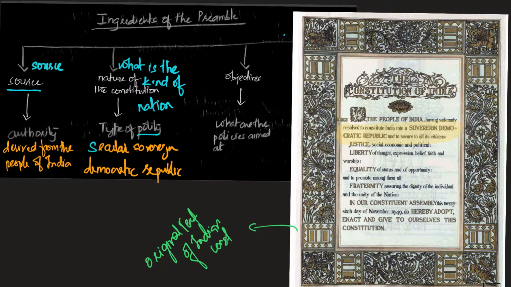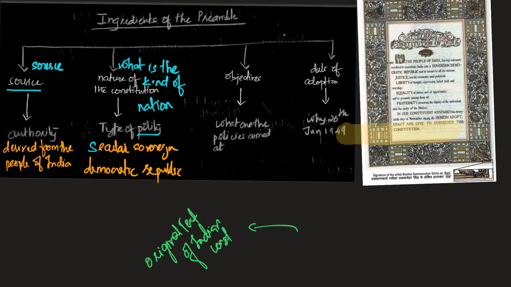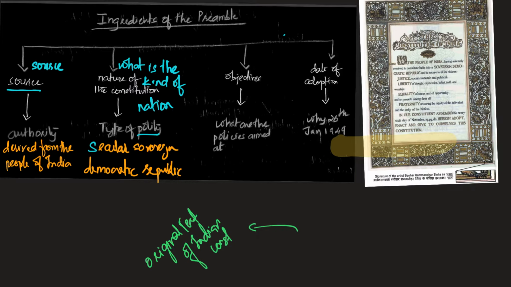Let us now discuss the next point here. The third point says objectives. What do we mean by objectives? Objectives are basically the aim, or what the government should deliver.